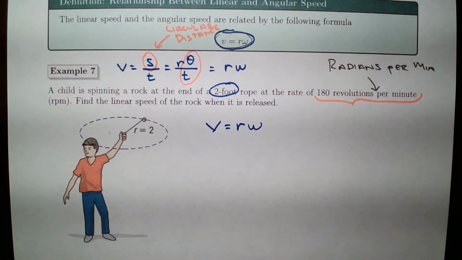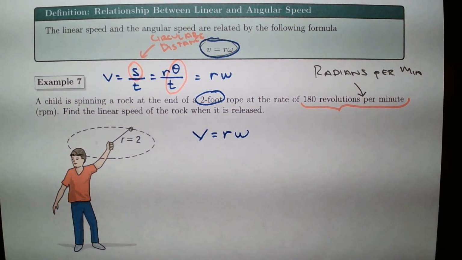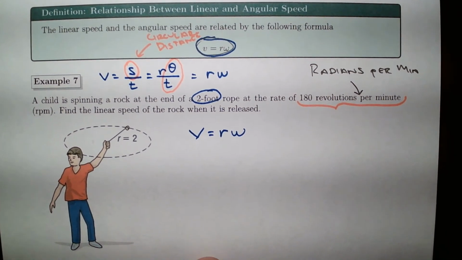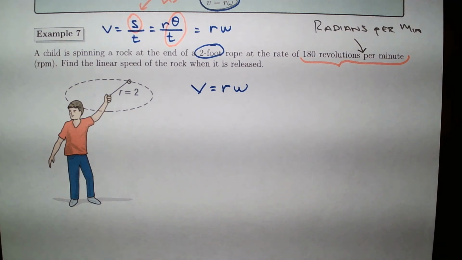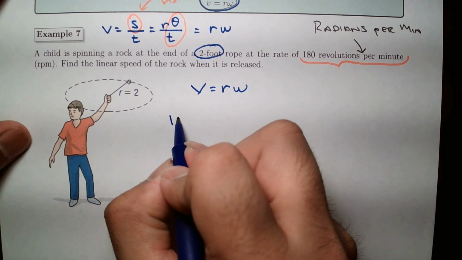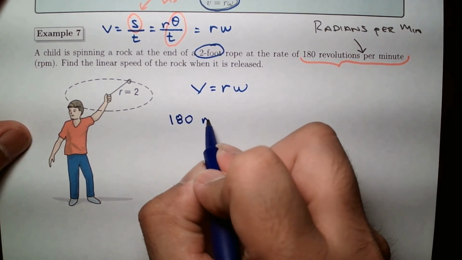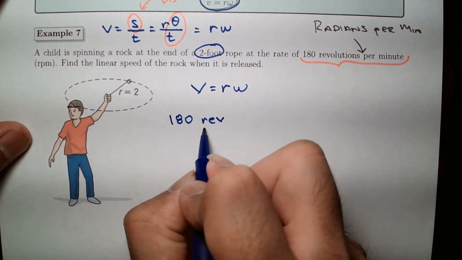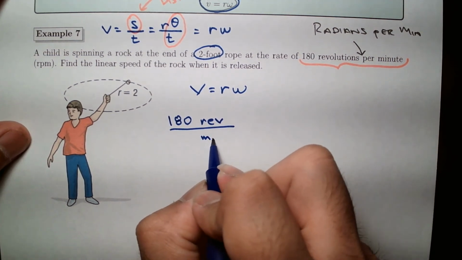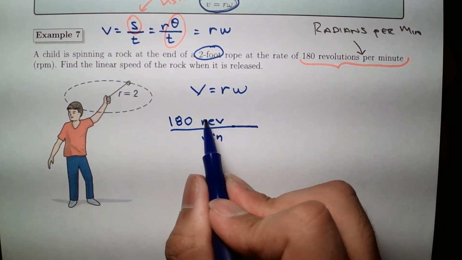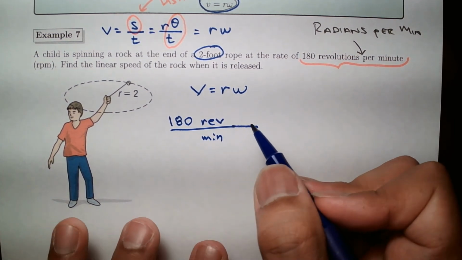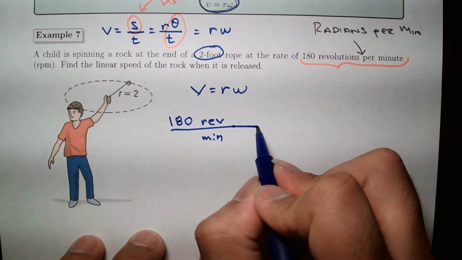So how are we going to start? If you have taken a chemistry class, this is like solving a stoichiometry problem or a unit conversion problem. So I'm going to start with the 180 revolutions per minute. I need to convert these revolutions into radians. What do we know about this?